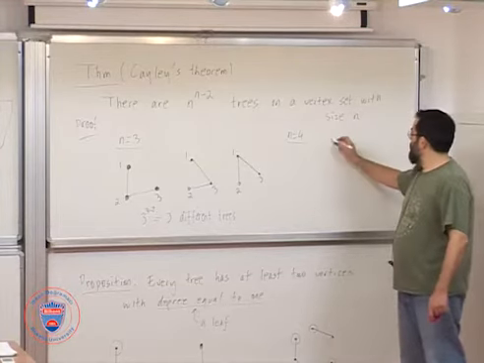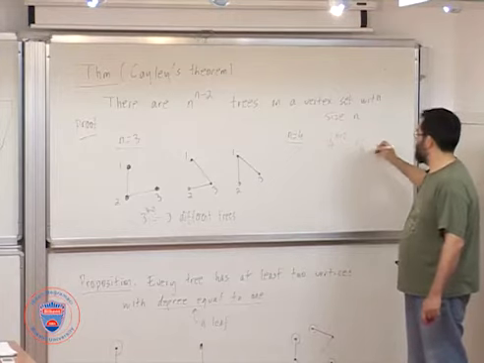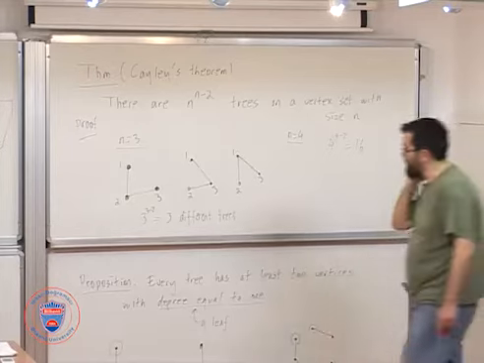For n equals 4, you expect 4 to the power 2, so you expect 16 different trees. I can draw some of them.